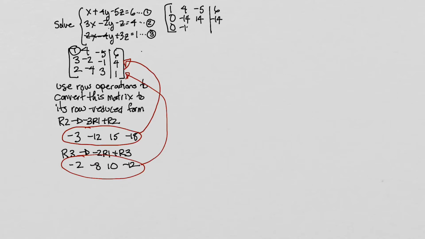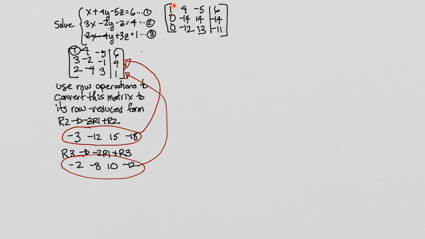Those add to give us a -12. And then we're going to get 3 and 10. That's going to give us a 13. And then we're going to get a 1 and -12. That's going to get us to -11. And there's our first matrix.